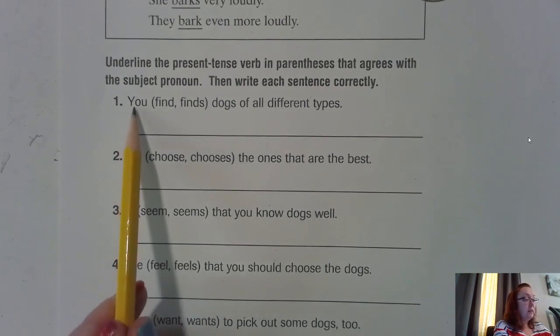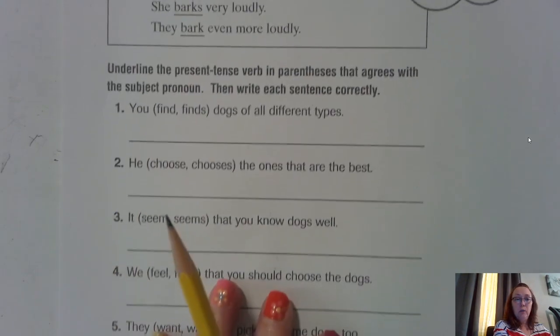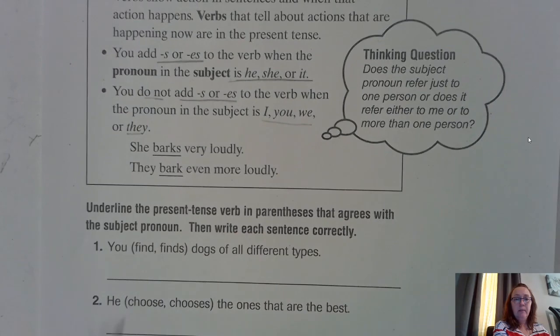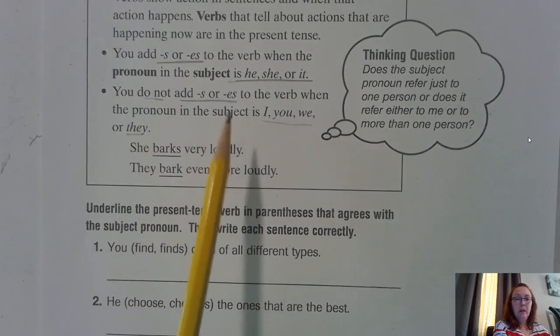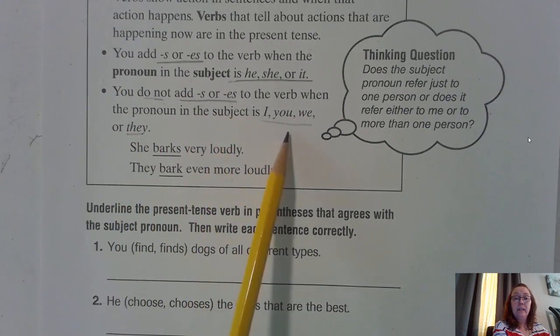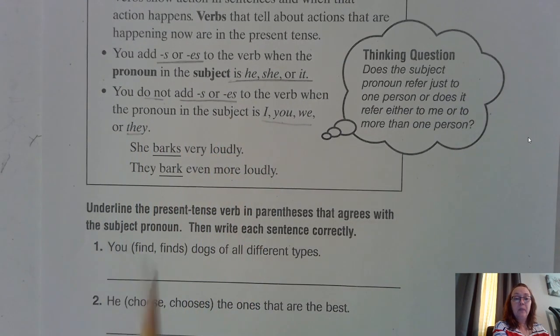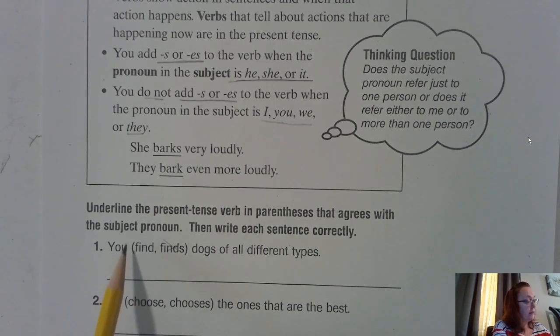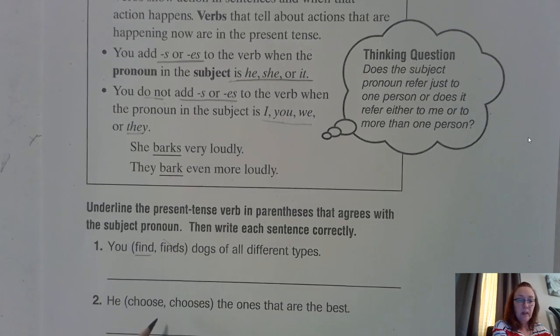So, take a look. Our subject is you. Let's go back up here. Let's find you. Oh, look. Do not add S or ES if it's you. So, we are not going to add that. No way. We don't need that one. So, we're going to use find.